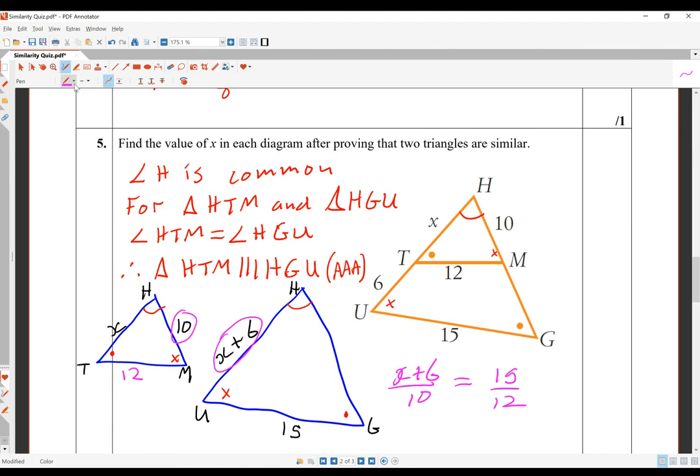Okay, from there, we're going to times both sides by 10. That cancels, and that leaves me with X plus 6 is equal to 8. And that means X equals 2. Okay, so that is it.